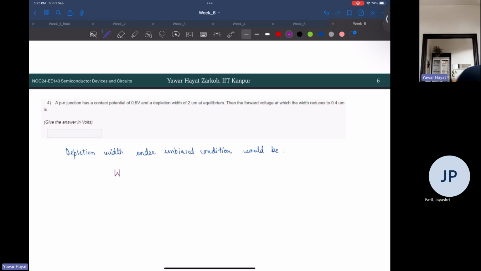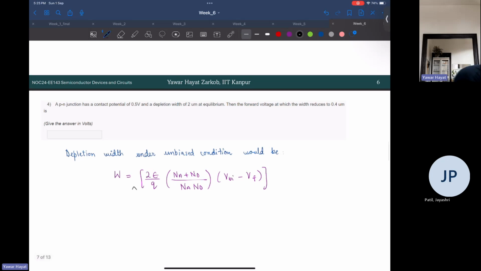W would be equal to 2 epsilon by Q times (NA plus ND) divided by NA ND, times (VBI minus VF), where VF is the forward voltage that you apply. And this whole thing is under a square root.